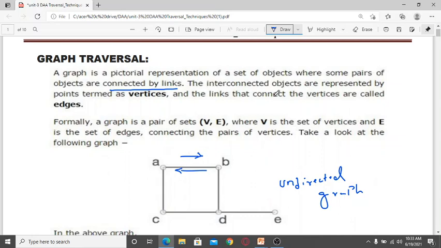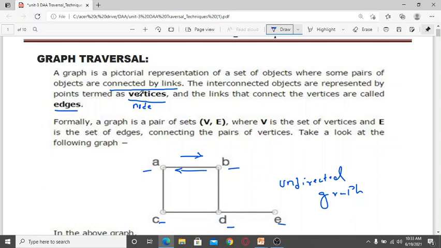The interconnected objects are represented by points termed vertices. This A, B, C, D, E are all called vertices. The links that connect the vertices are called edges.